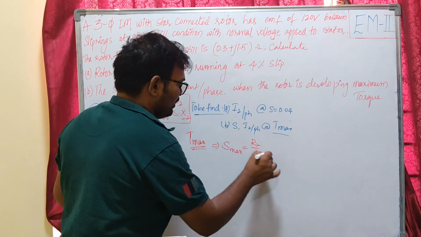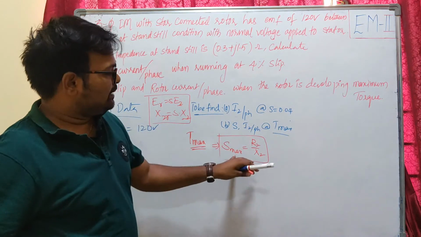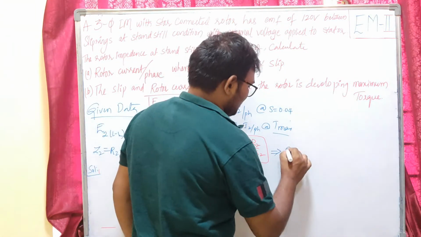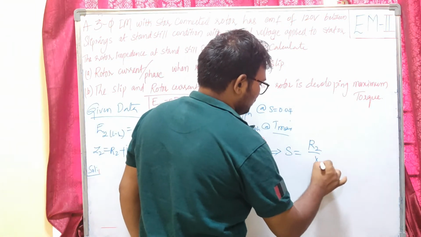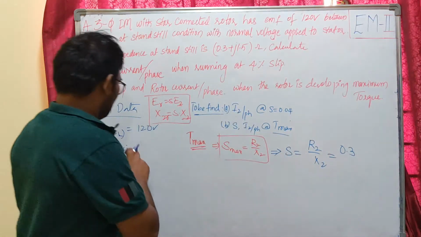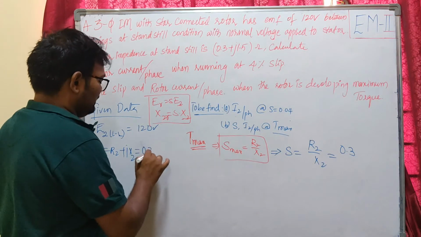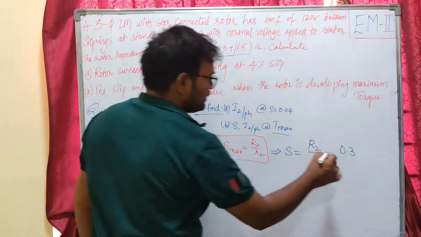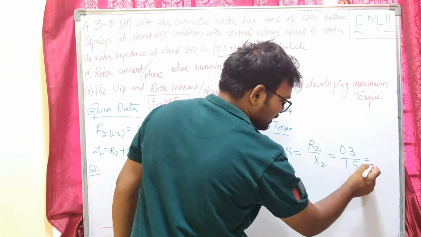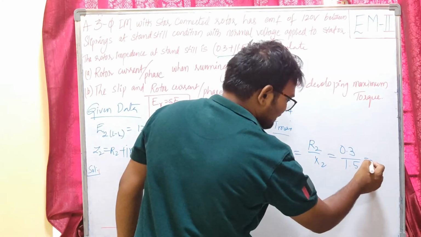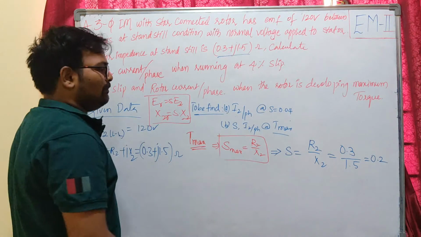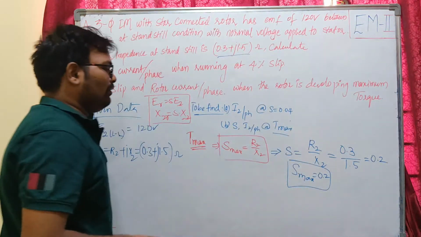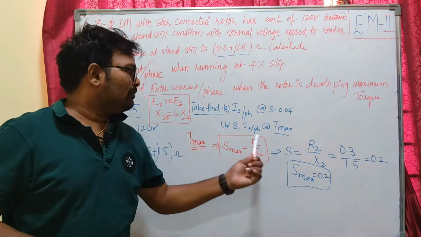That means slip equal to R2 by X2, where R2 is 0.3 given and X2 is 1.5. The slip is around 0.2. Okay, the slip at maximum torque condition S max equal to 0.2 here.